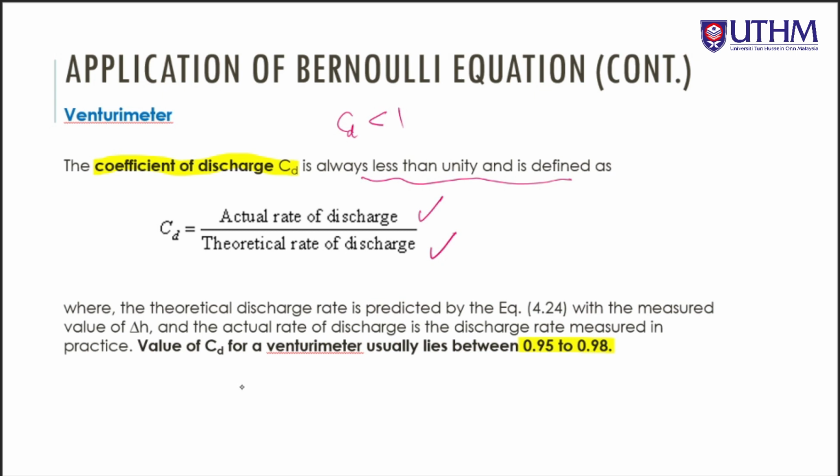Okay, and also ada mention dekat sini, usually lah the value of CD for venturimeter lies between 0.95 to 0.98. So means that it's quite ideal jugalah this venturimeter, sebab CD dia agak tinggi, almost nak dekat unity lah kan.